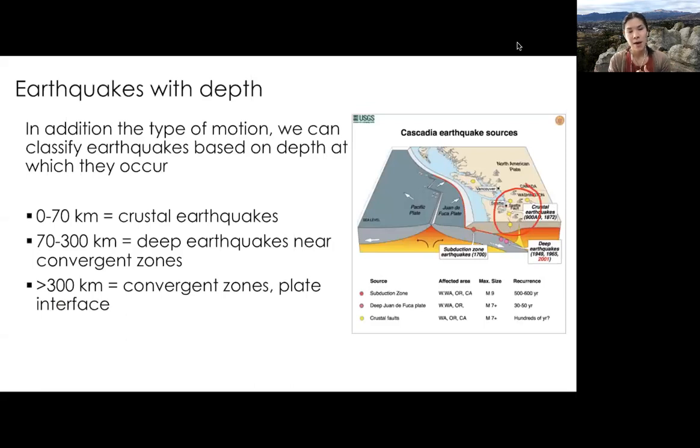A bit deeper than that, from 70 to 300 kilometers, we have deep earthquakes, and that's shown in purple. These purple earthquakes and these deep earthquakes tend to occur near the plate boundaries, in this case near the convergent boundary. And then we can get even deeper earthquakes at 300 kilometers depth or more that might be on the plate boundary interface itself.